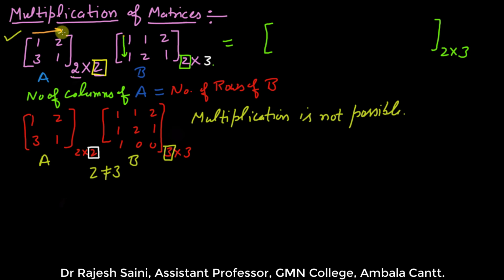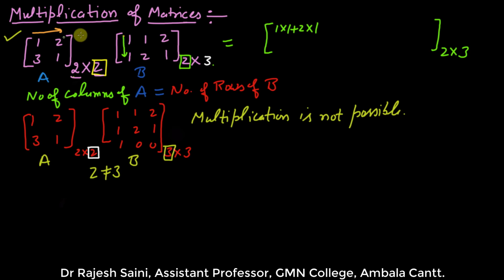Now multiply the first row with the first column. 1 into 1, plus 2 into 1. This is the first entry. Now the second entry of the first row will be the first row, second column.